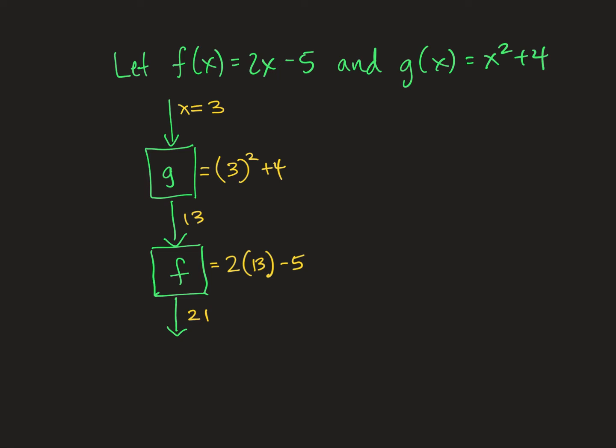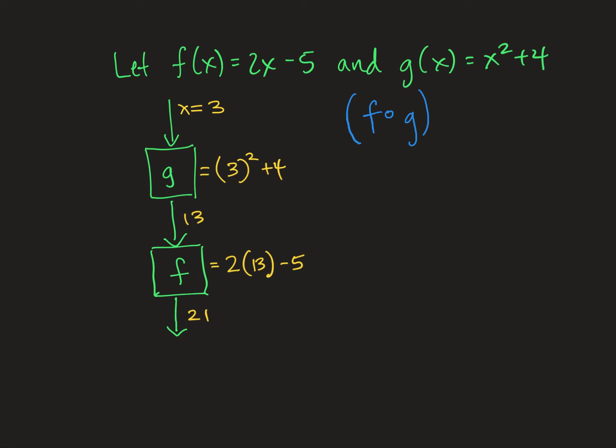is I open up a set of parentheses, and if f followed g, then I write f, and then a small open circle that's not an O, it's not a dot, and it's not multiplication. It's just a small open circle in the midline of the letter. And then the function that f followed was g.